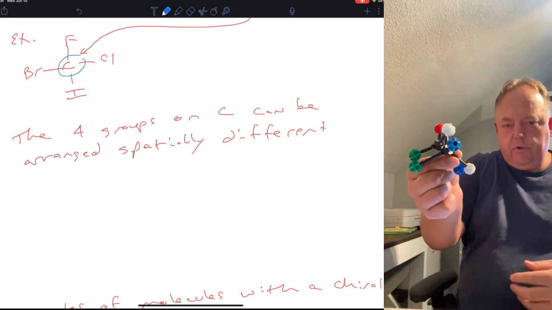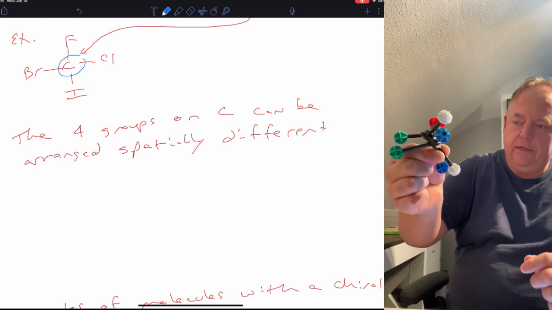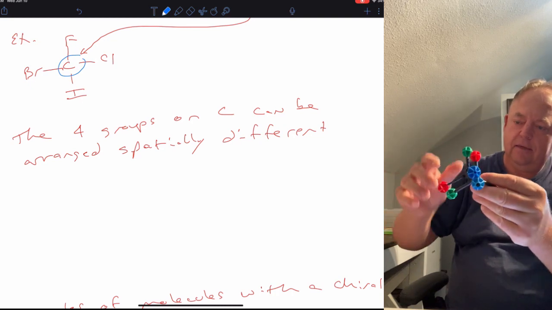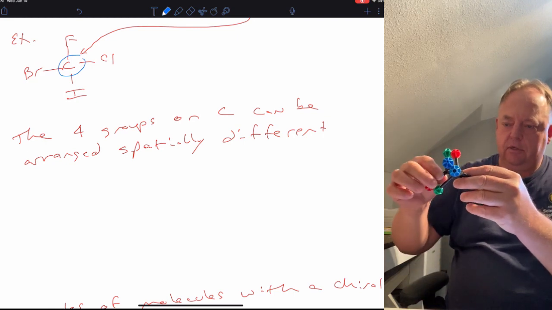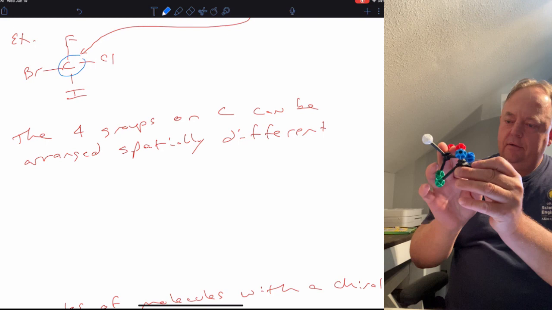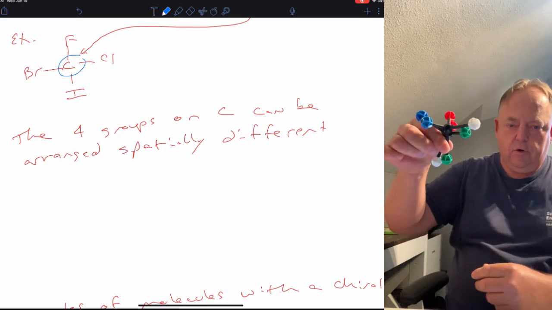If I line up the green and the red, then the blue and the white don't match. If I line up the blue and the white, then the green and the red don't match. It doesn't matter what you line up. If I line up the blue and the red, then the green and the white don't match.